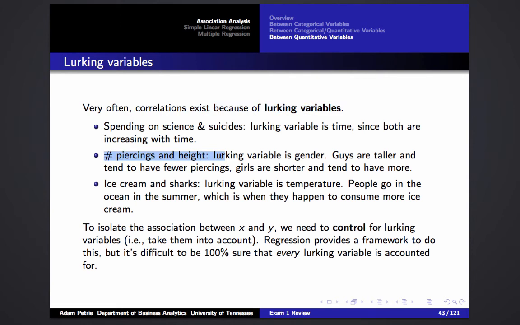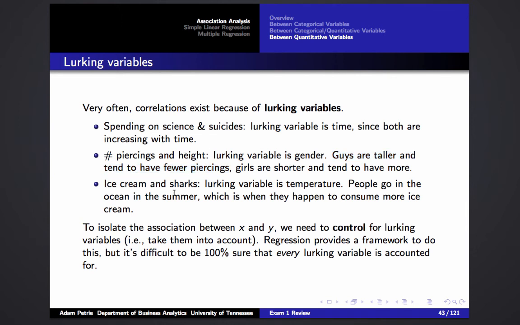And it's a negative correlation, implying people with more height, taller people, tend to have fewer piercings. And the reason isn't cause and effect, it's due to the fact that we're looking at guys versus girls. Guys are typically taller and tend to have fewer piercings. Girls are shorter, tend to have more piercings. So we see this negative relationship going on between the height and the number of piercings.